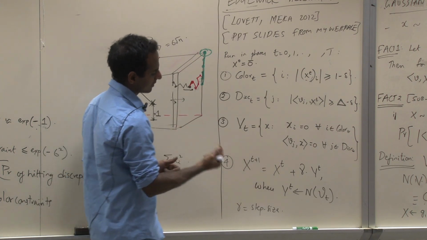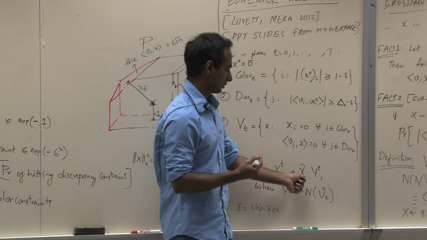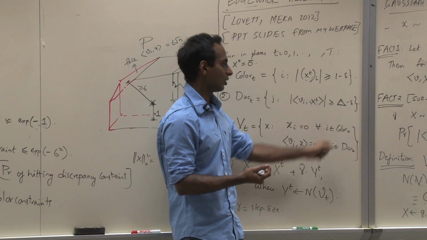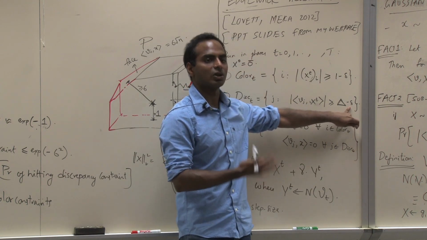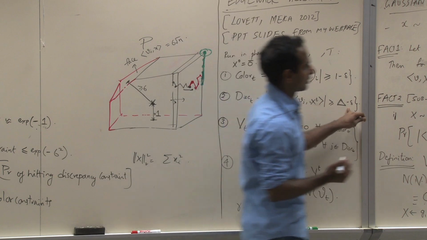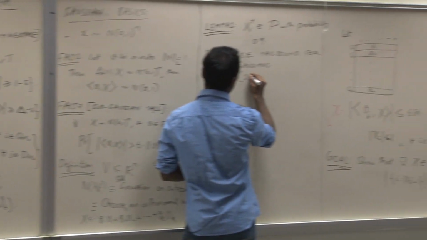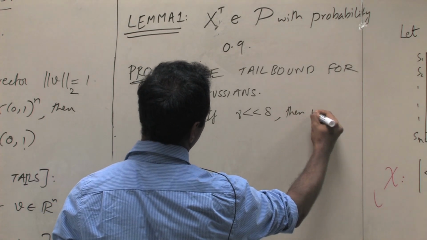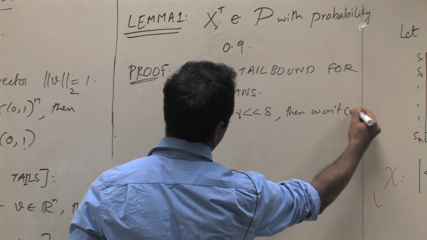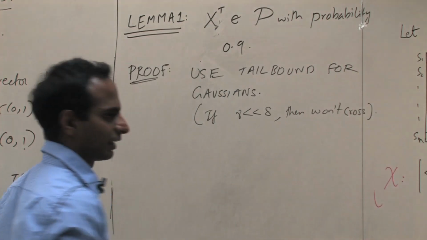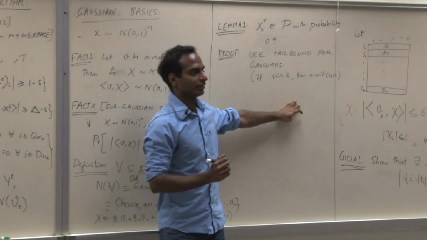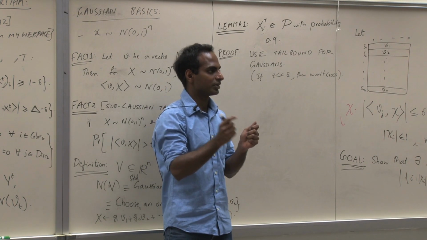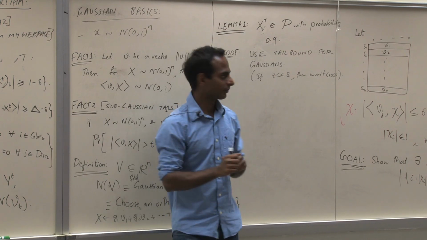But remember that in each iteration you're taking a tiny step. So if this step size gamma is much smaller than the slack parameter delta, it's not going to happen. So if gamma is much less than delta, then you won't cross. Okay. So does this seem believable to you? I mean, you have to take a big step in a single iteration, but you're taking tiny steps, so it's very unlikely for that to happen.